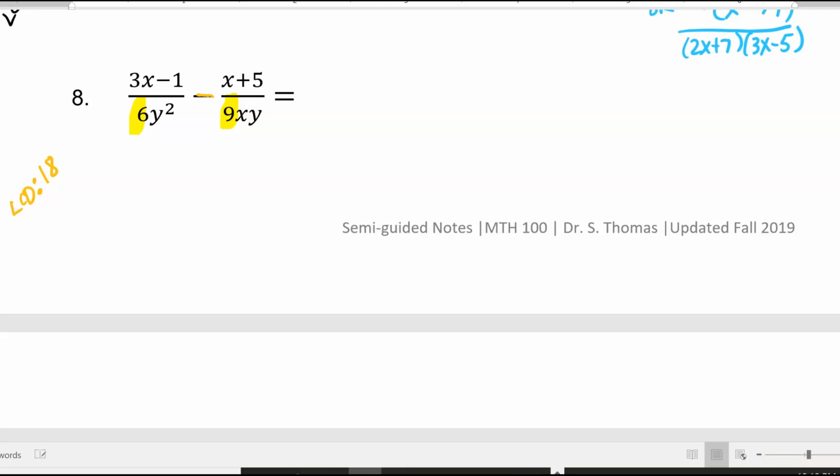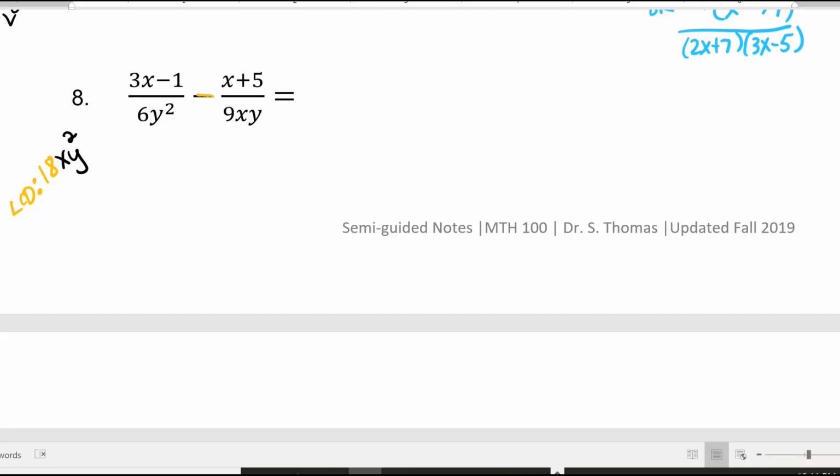Now, I see that we have an x here as well, so I definitely got to put an x in the LCD. And if we compare our y's with each other, we could just simply multiply a y to this one to get this y squared. So we want both our denominators to have a y squared in it. This is how we can get both of them to look alike.